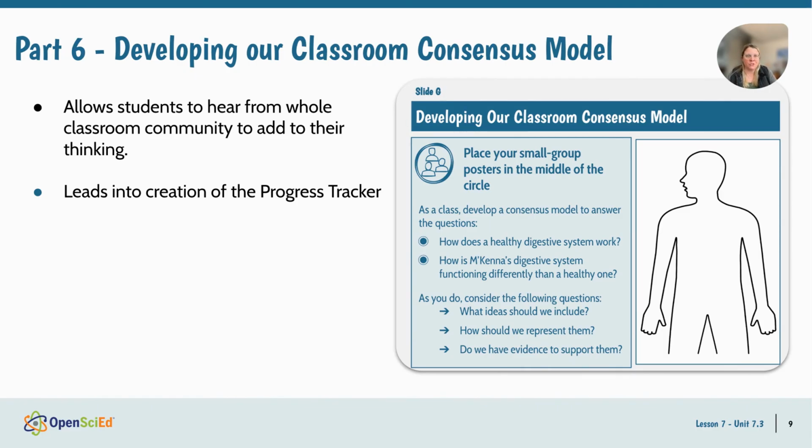This is a moment where students are now able to hear from all voices in the classroom, add to their models, change their thinking, and make sure we're all on the same page. This allows us to segue into the creation of our progress tracker, where we will now record what we know about a healthy digestive system and help elevate what we know is different about McKenna's.